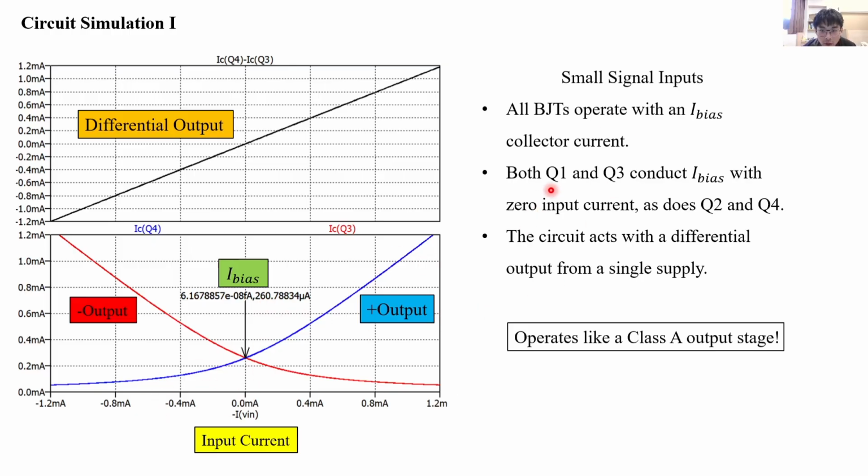And both Q1 and Q2 conduct I bias with the zero input current at this point, and as do Q2 and Q4. So the circuit acts with a differential output from a single ended. And for small signal inputs, the circuit operates like a Class A output stage.